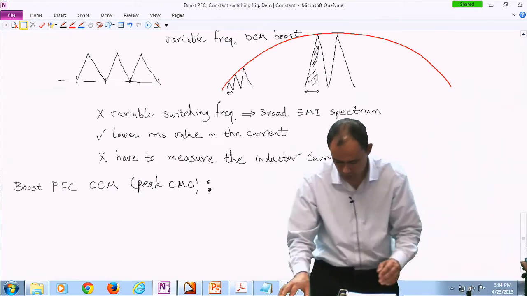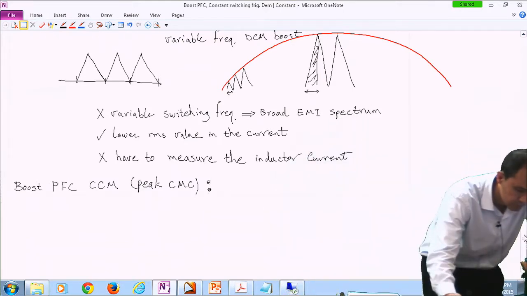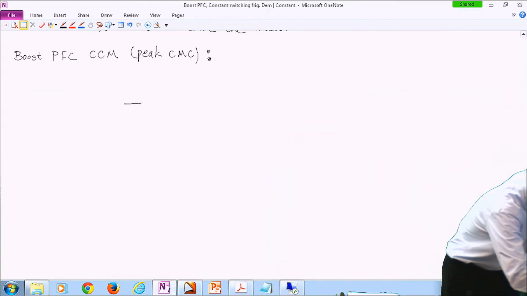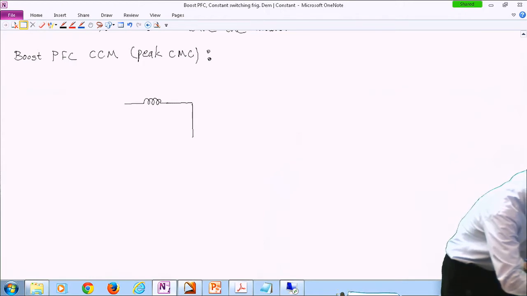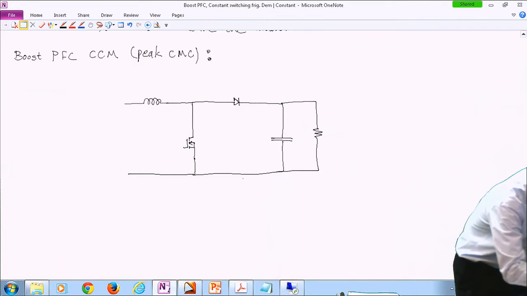So the diagram that we are looking at, let me see if I can find it. So we are still using this boost topology. Here we have our bridge rectifier.